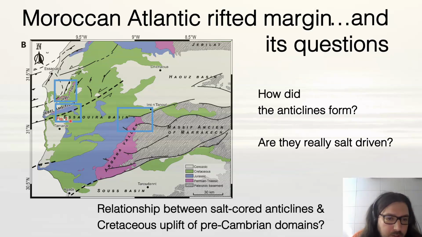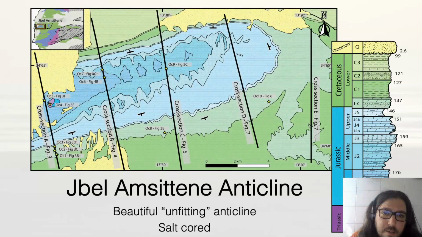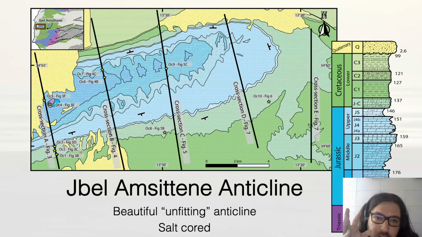But the detailed structural fieldwork that I did for my master took place in this structure that is called the Jebel Amsitene Anticline. The Jebel Amsitene Anticline is relatively small and has a good exposure of rocks from the relevant time period.